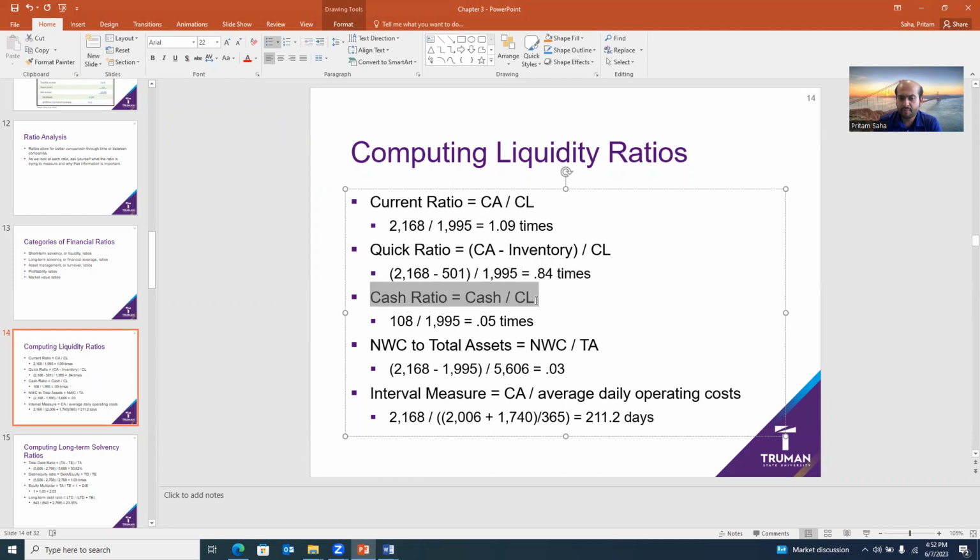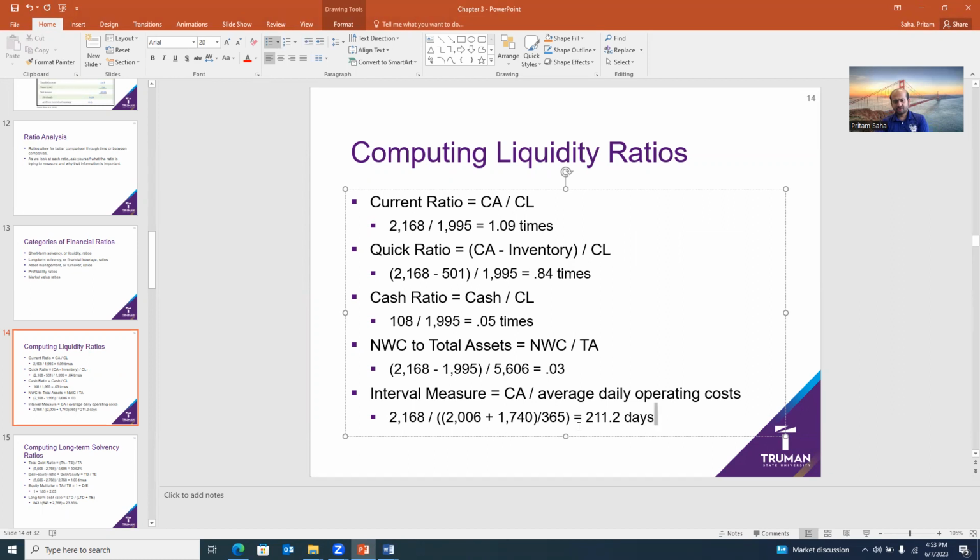The cash ratio is cash scaled by current liabilities. No rule of thumb, higher is better. This is the most liquid proxy for calculating liquidity ratios. The quick ratio is sometimes also known as the acid test ratio. Different professors and books call this ratio the acid test ratio.